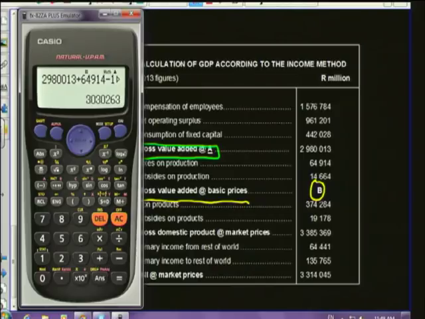The important thing when you write the answer is that you indicate the answer in million rand.